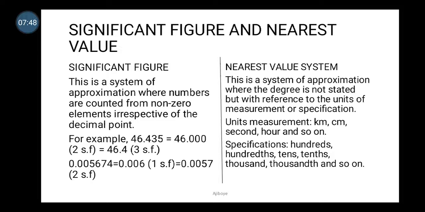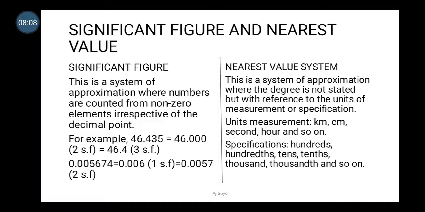But let me also state clearly that when 0 is between numbers, under approximation of significant figure, the 0 becomes significant. But if the 0 is before the figures or after the figures, it becomes insignificant.